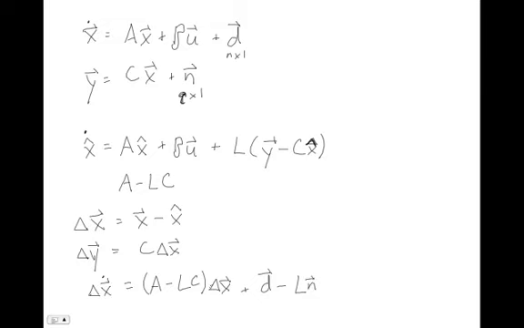So, we've already designed this A minus LC to be a nice stable system with dynamic properties that we want. And so you can imagine, if for a minute we don't give any disturbance or noise, and we start with some initial error between our estimate of our states and our actual states, that error is going to decay away to 0 with known time constants, and that was the original result of the closed loop observer.